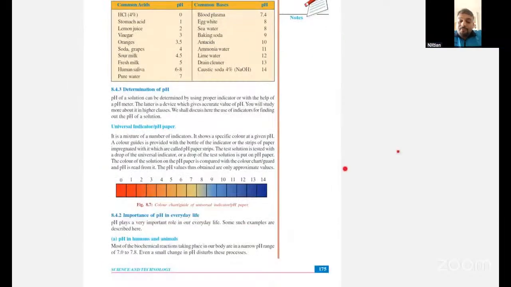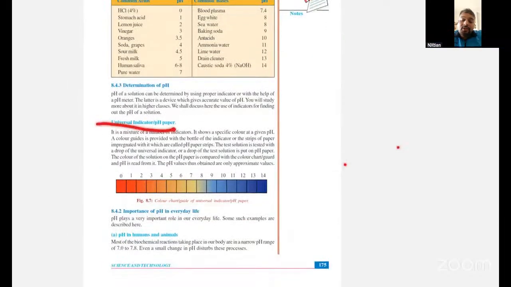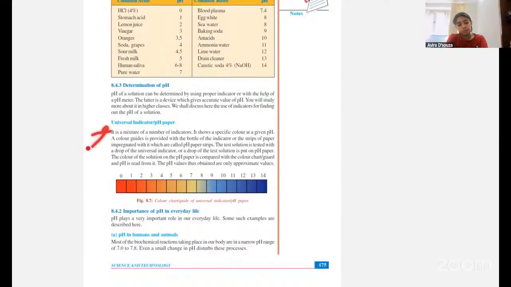Okay, now we will read this universal indicator pH paper. Who will read? Ira. Universal indicator pH paper is a mixture of a number of indicators. It shows a specific color at a given pH.